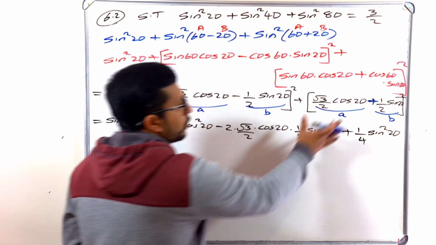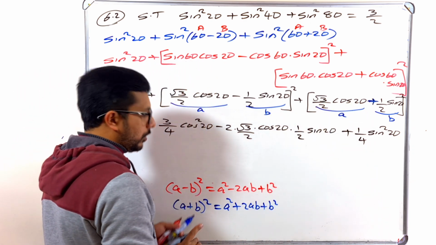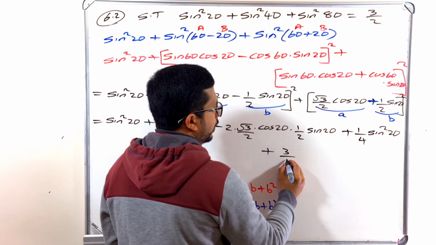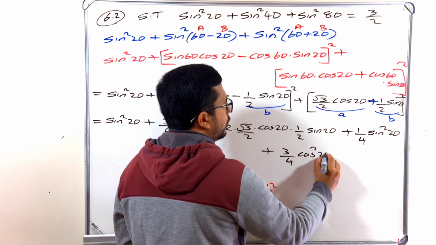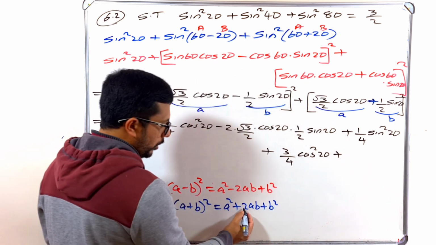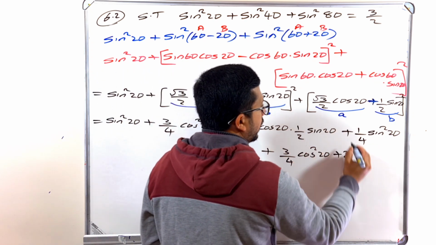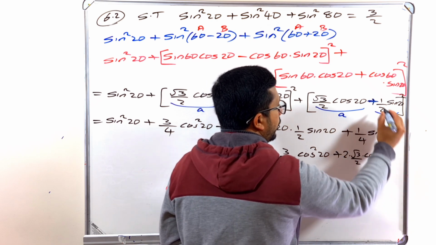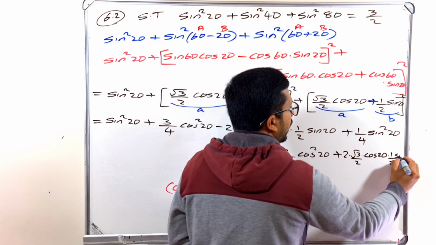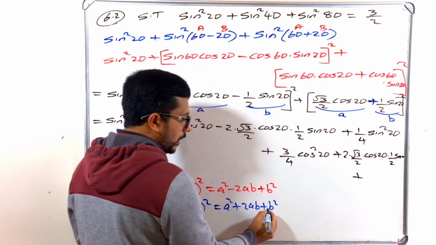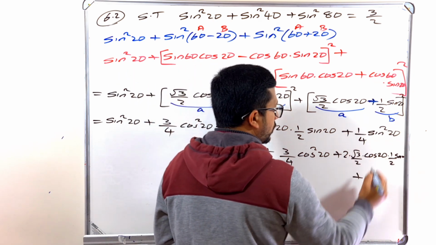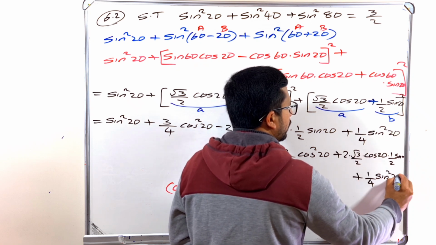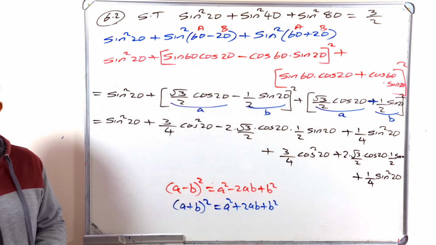So a square: root 3 square is 3, 2 square is 4, then cos square 20, plus 2 into a into b, so root 3 by 2 into cos 20 into 1 over 2 into sine 20, plus b square: 1 square is 1, 2 square is 4, then sine square 20. Oh, it's too much, eh?